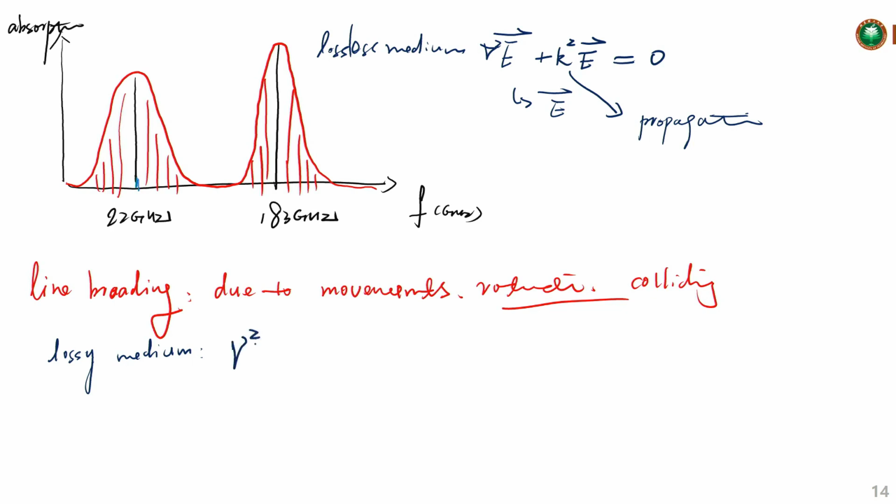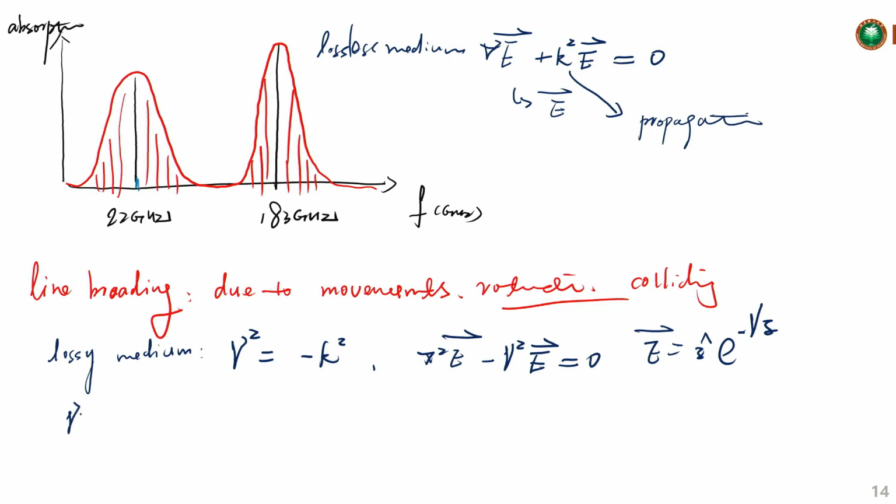We use gamma square to represent K square, and the equation becomes minus gamma square times E equals 0, all right? So the solution of it is E equals, for example, E0 e to the minus gamma z, like this one.